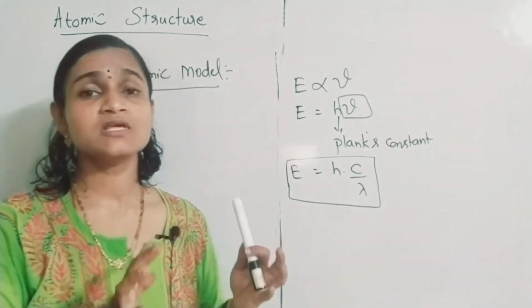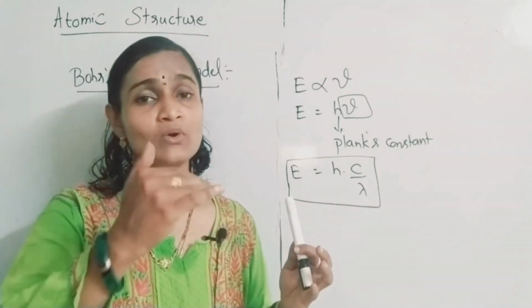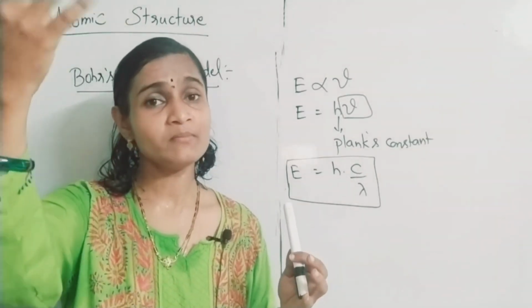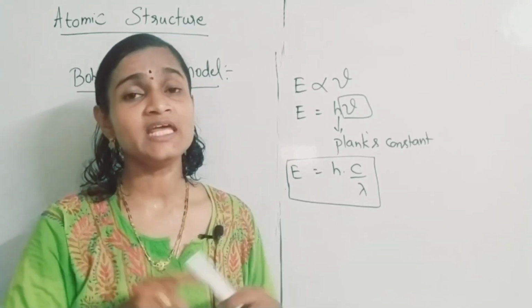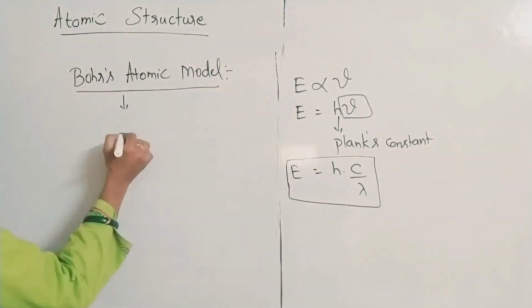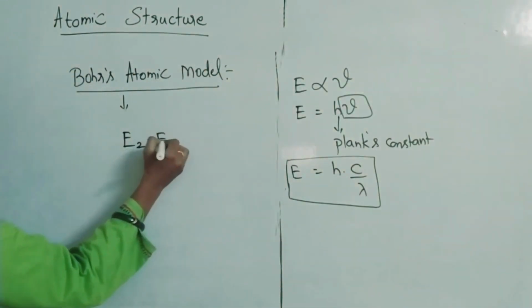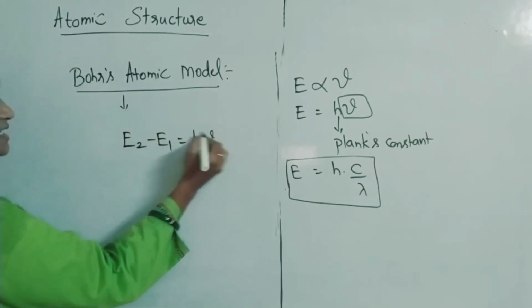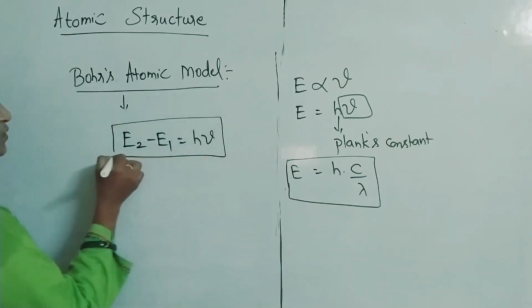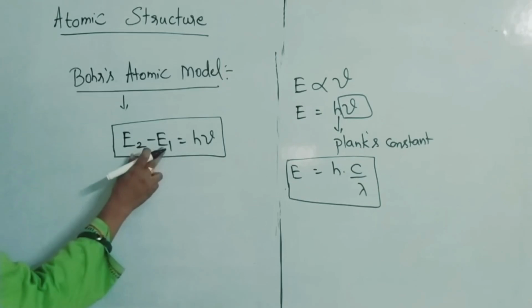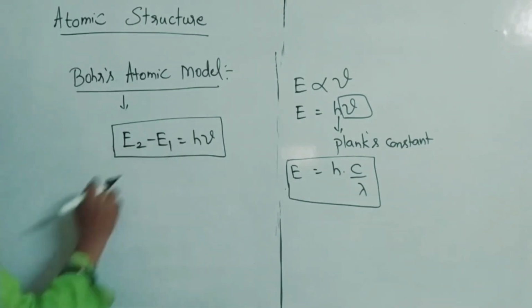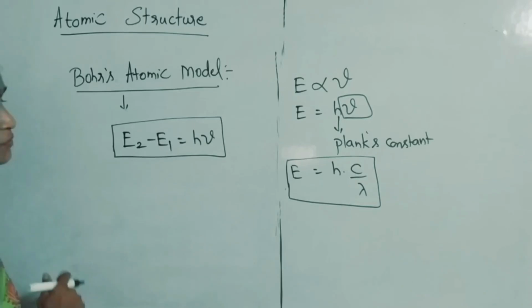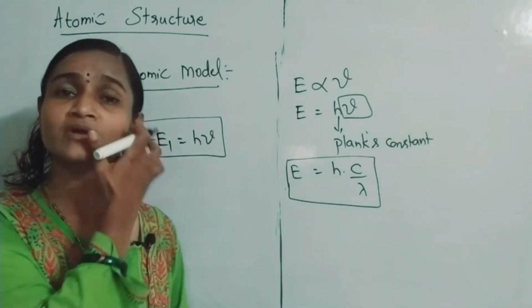Energy change will occur only if it jumps from lower energy to higher or from higher to lower. E2 minus E1 is equal to h nu, where E2 is the energy of the higher energy level and E1 is the energy of the lower energy level. This is one of the postulates of Bohr's atomic model.